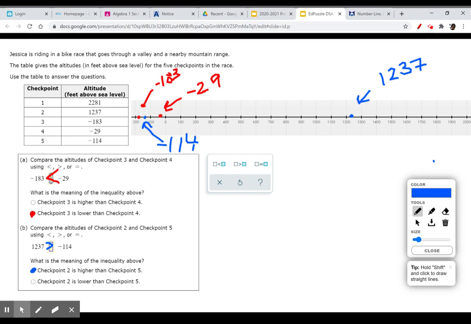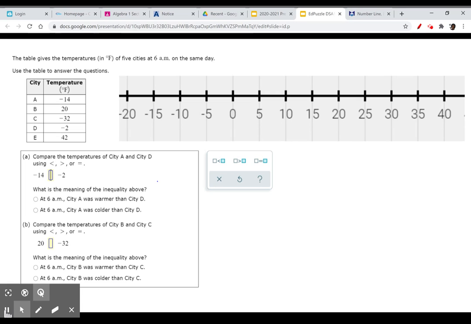So now you guys are going to try this on your own on the next slide. Okay, so here's your next question. I added the number line to this slide to help support you with your answer. Remember, on the actual test, you're welcome to use your own number line to help yourselves.